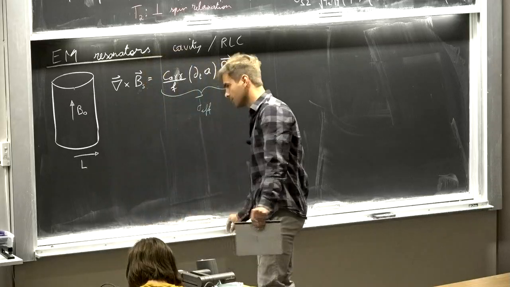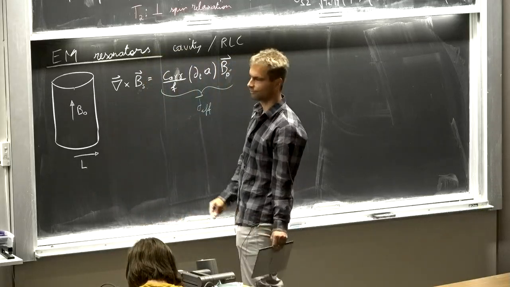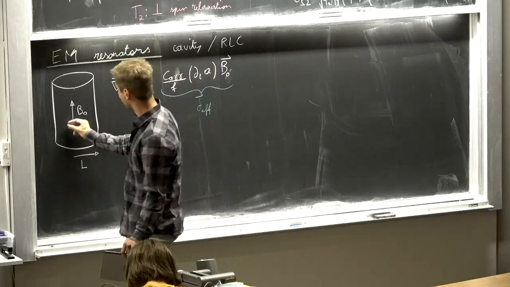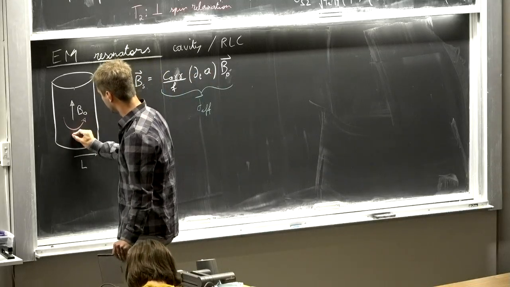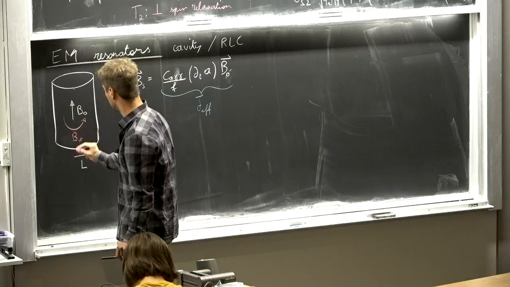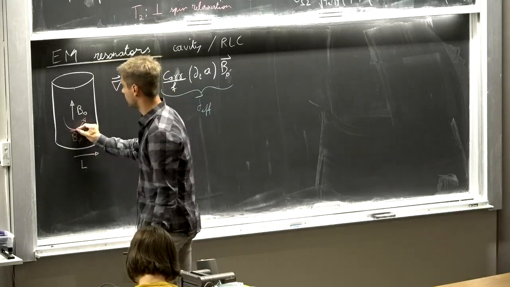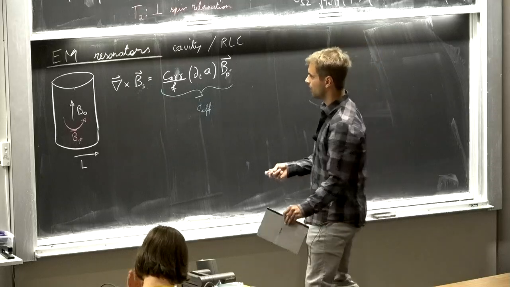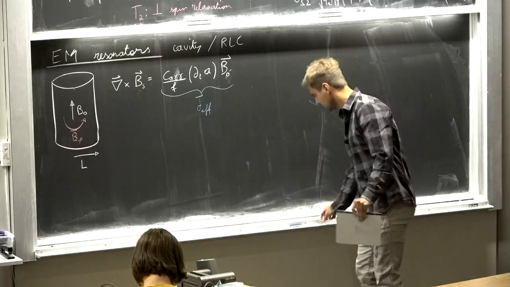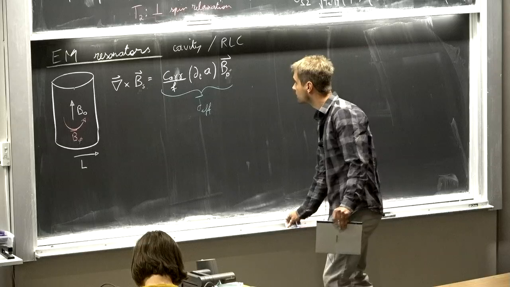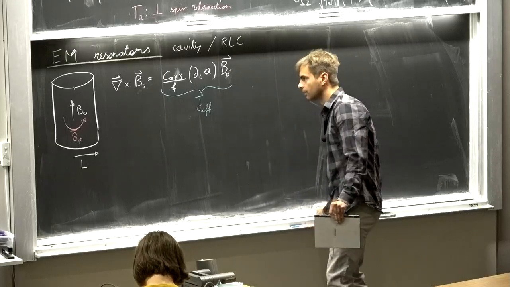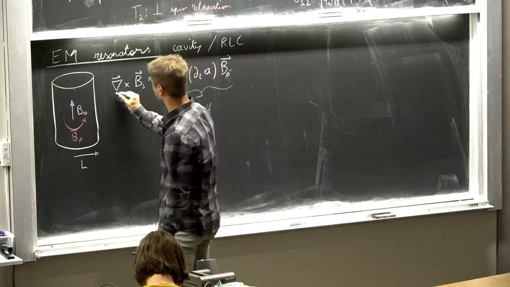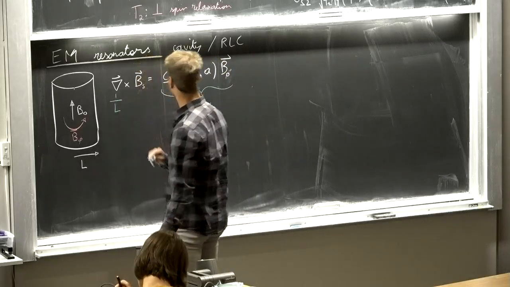And if you remember physics 102, or whatever it's designated in your undergraduate curriculum, this will give you some azimuthally oriented B field wrapping around this current density. So I'm not going to solve the equations in detail, but roughly what this gives you, this gradient will be order 1 over the size of your experiment.